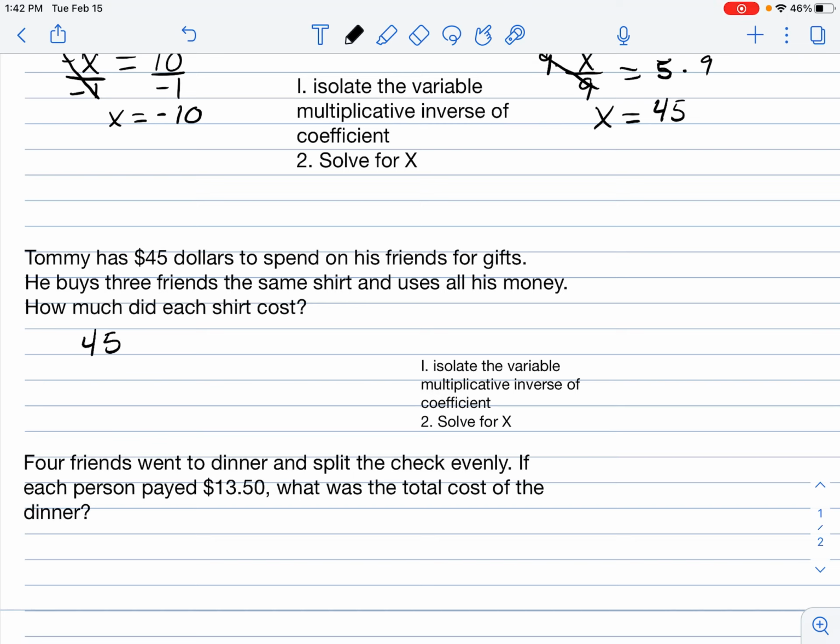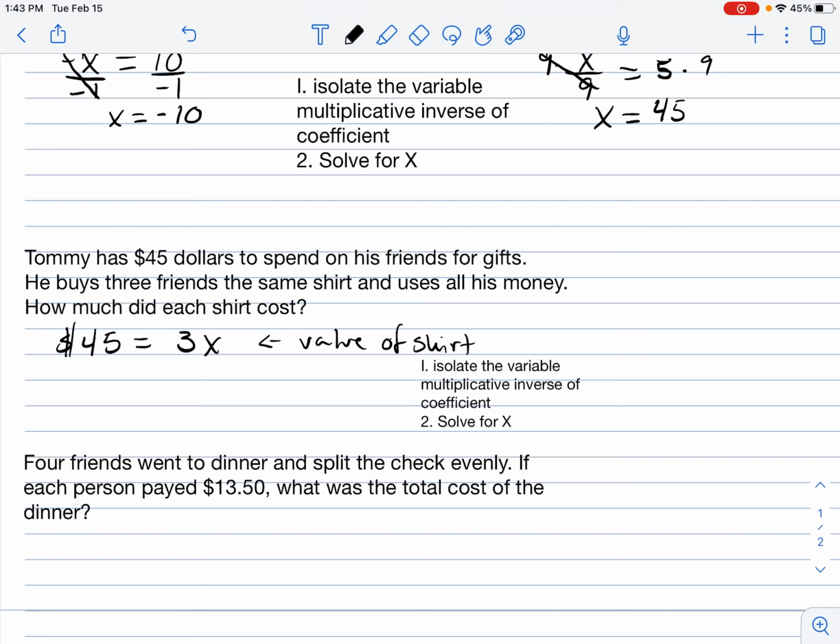On one side of the equation, we know 45 is the total amount of money he spent. We have the x, which is going to equal the value of the shirt. And he bought 3 of them, so you times that cost by 3, and you get 45. So this would be the equation, 45 equals 3x.